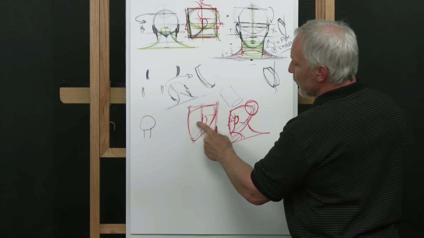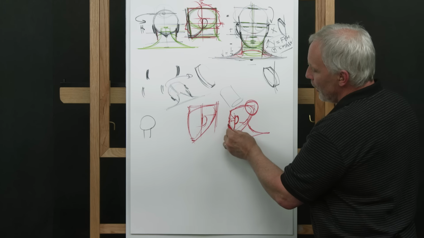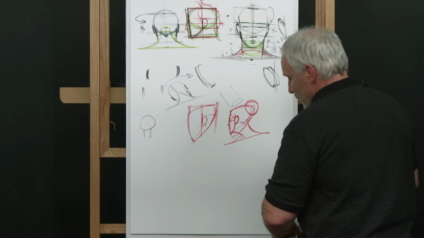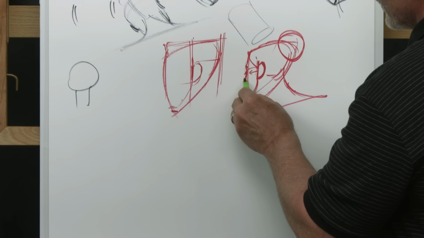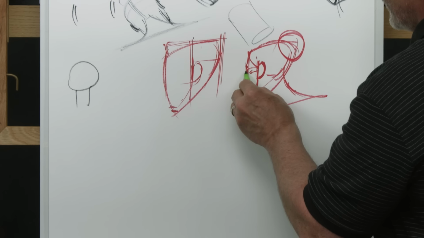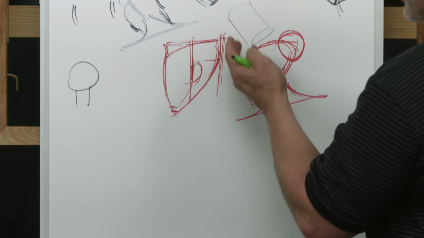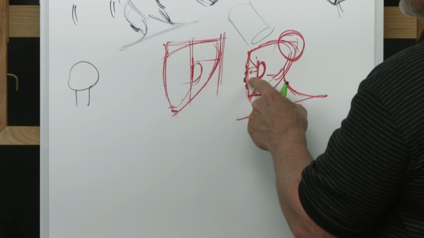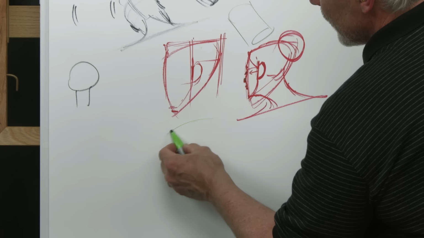But once we get past the profile, look at how the features, the nose, and again, we'll look at this more carefully later, the nose and the lips and the eyelashes are overlapped by that cheek and jaw construction. And we're starting to lose those. So placing that ear, let's do it again.